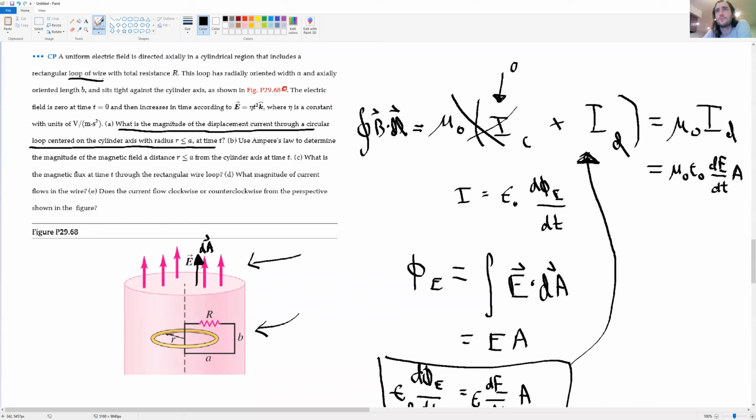Oh no, sorry. So the loop is radially oriented with A. Oh no, see, that's the rectangular one. Anyways, this loop right here is what we're talking about. This loop right here.